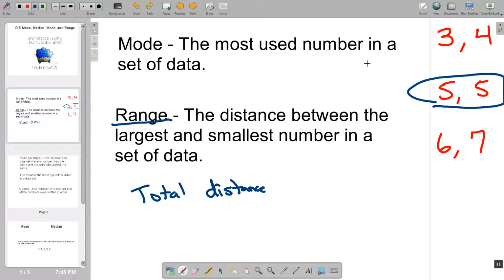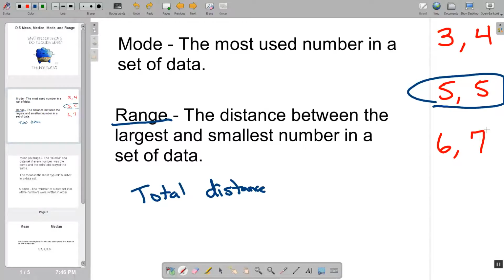If I think of a sports example, high range, let's say you have two basketball players, and one of them has a very high range of scoring that they do in a season. Well, that means that they're probably pretty inconsistent, that they have some really, really good games and some really, really bad games. Whereas if a player has a small range, that would be a player who is very consistent and always scores kind of at the same amount.